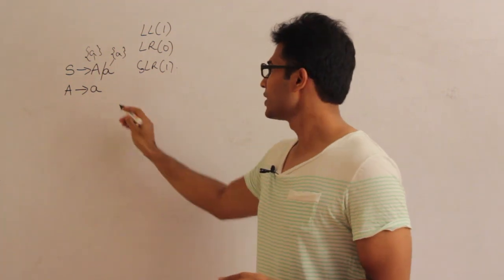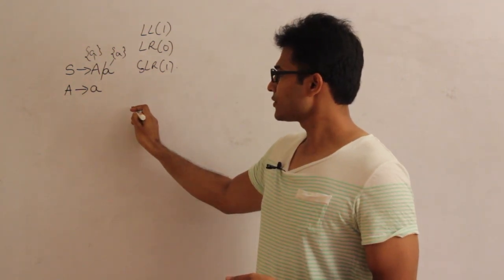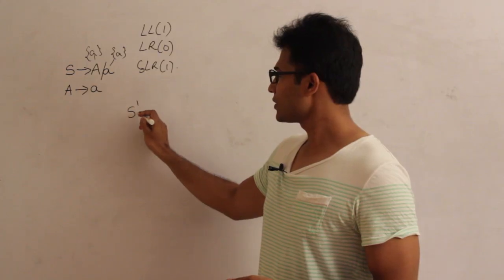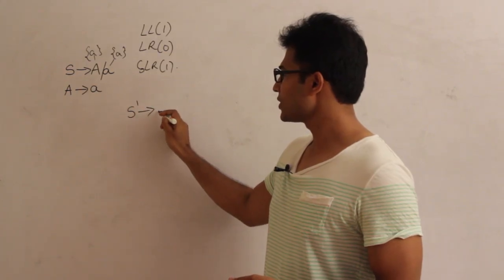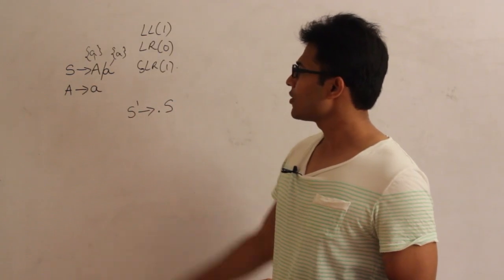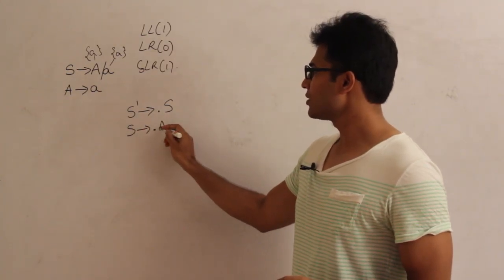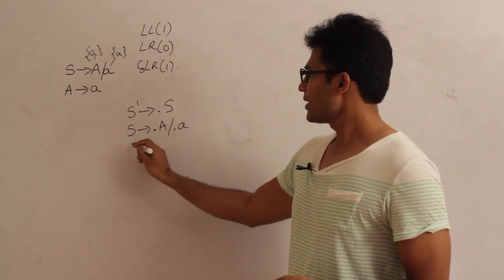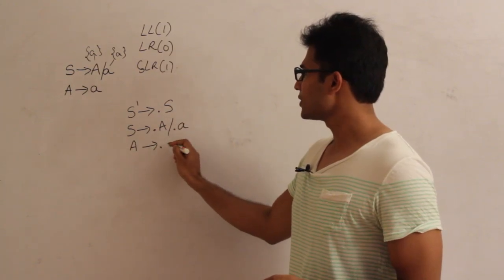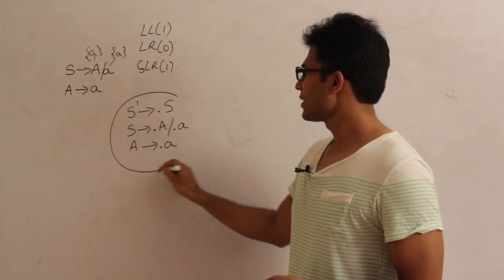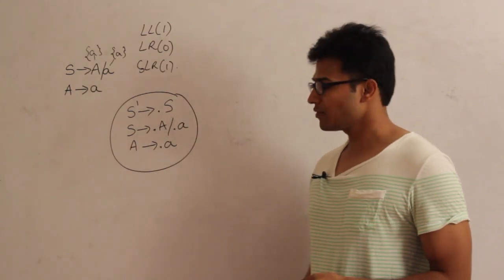Just see the example. Now construct the canonical collection of LR0 items, starting with the augmented production S' derives dot S. Then we have to add all the S productions, which means S derives dot A or dot small a, and then A derives dot small a. Now we have to find out transitions.